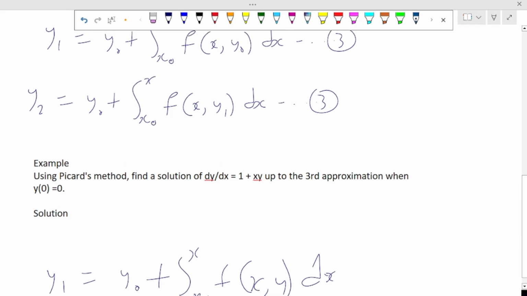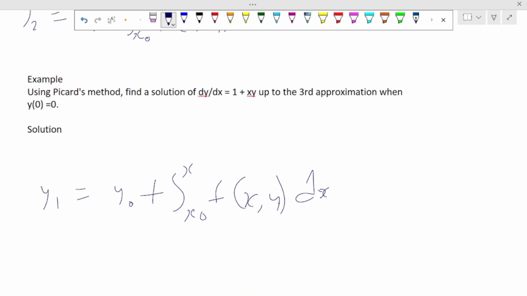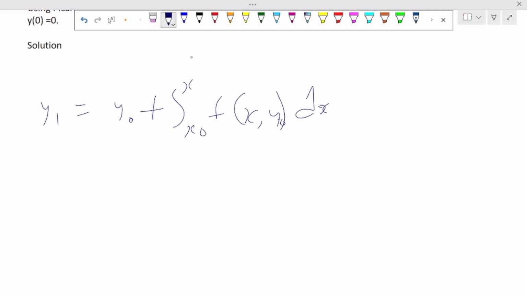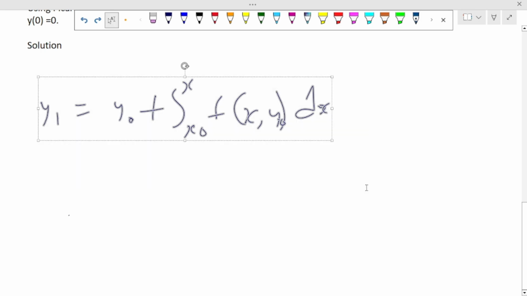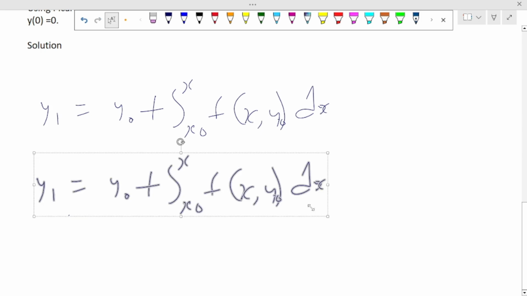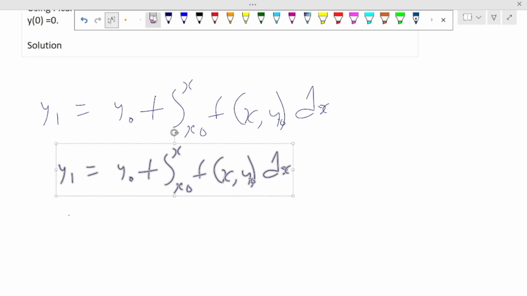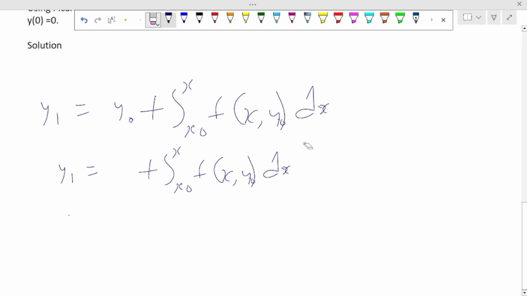Of course, I just wrote down what we have from the last video. Let's just copy this to save time. So for our first approximation, y0 is 0, of course, given to us from the question. Look at it right here, y0 is 0.